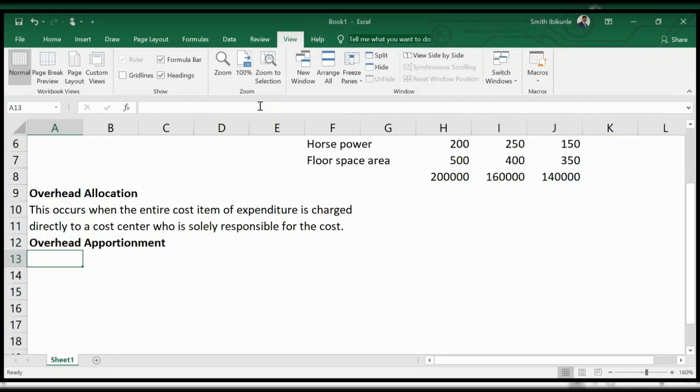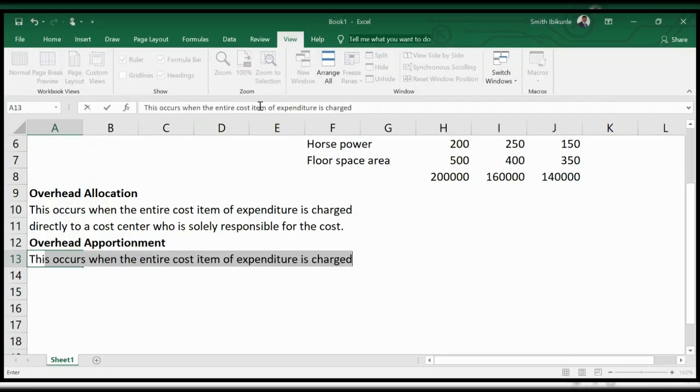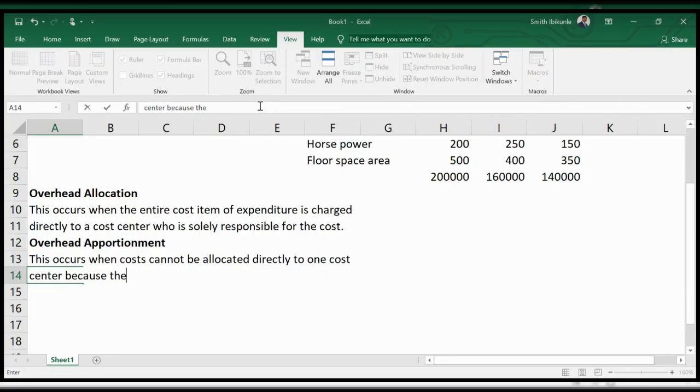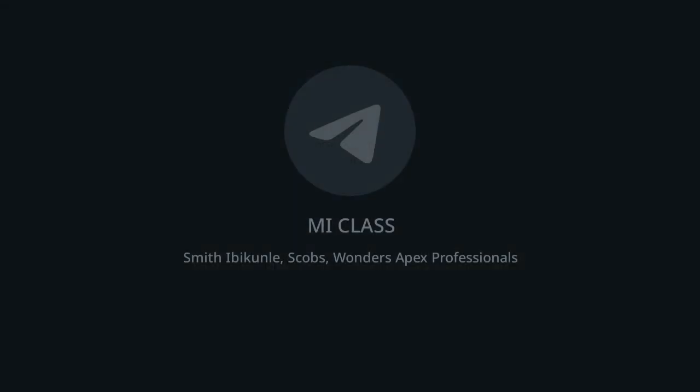In this case, this occurs when costs cannot be allocated directly to one cost center because they are shared, or let me say they are incurred by two or more cost centers.